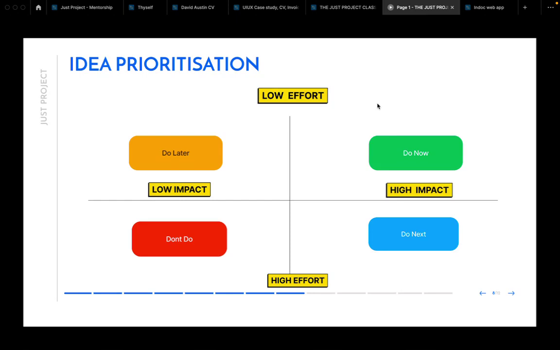Then do next. They say tomorrow. After doing the do now, most times you check your application and there's an update, let's say in a month, 2 months time, 3 months time. That is because researchers have actually penned down the features that will be done later. So you have to come up with features that should be impactful now.